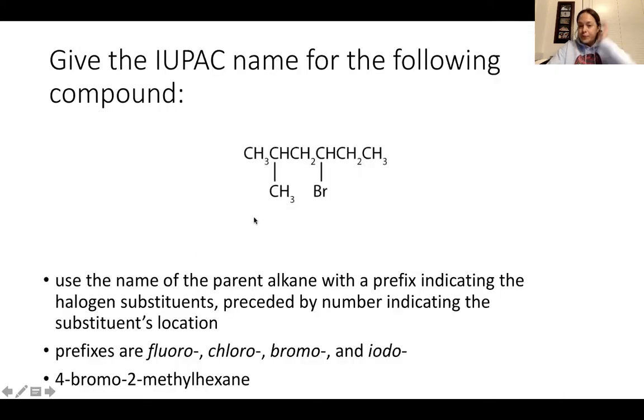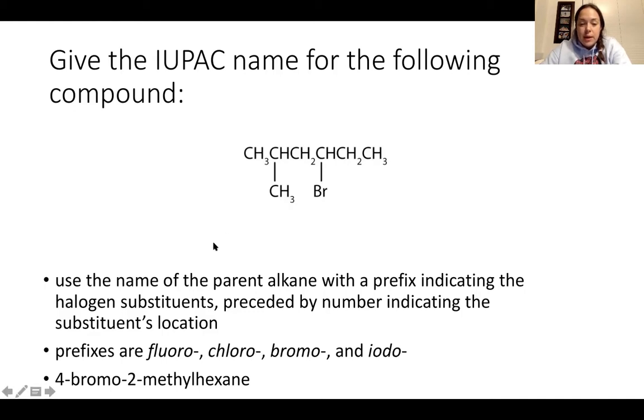A lot of you had questions about halogenated alkanes as well. We can start using those rules. There are a couple of additional rules when you have a halogenated alkane. We can see this bromine here, which is in the second to last column on the periodic table.